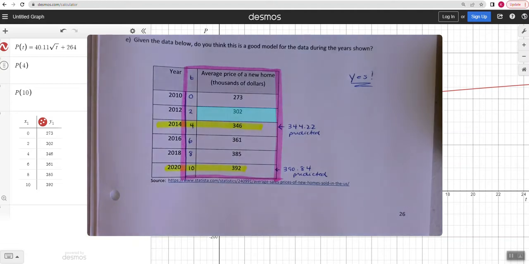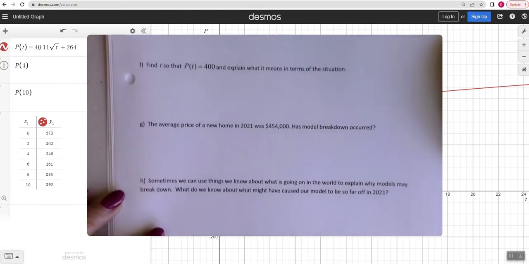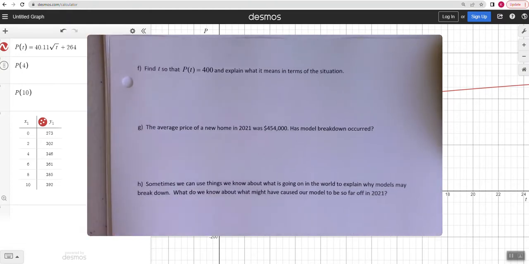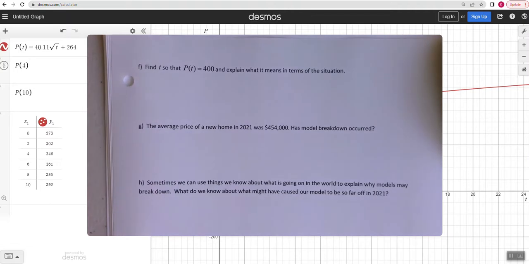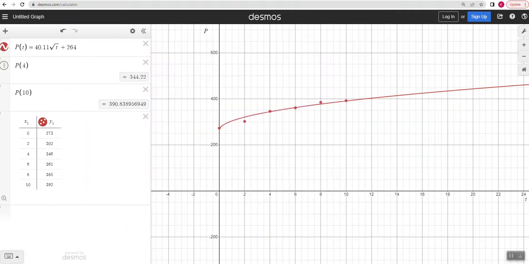All right, let's answer a couple more questions about this particular model. In part F, we want to find t so that P of t equals 400. So this time I know the output is supposed to be 400. So I don't need to see these points anymore.